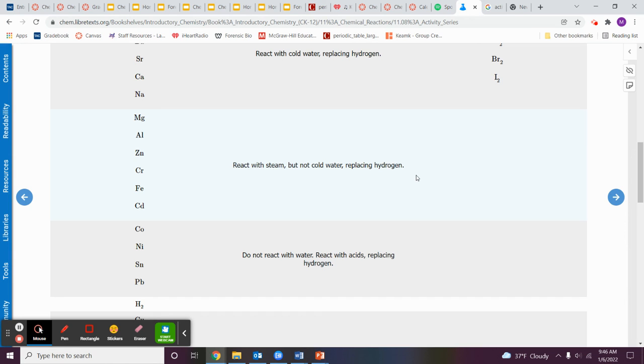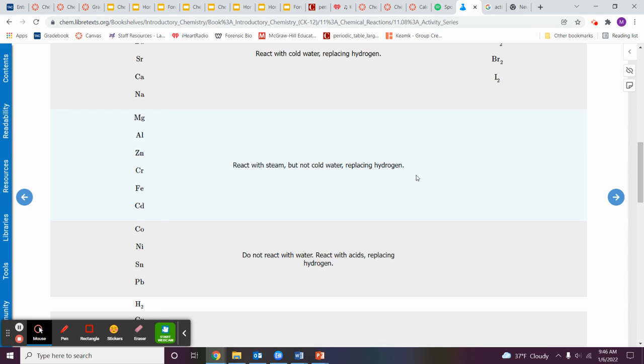Here's what I'm going to recommend. And again, this is where you'll pick up little tips and tricks for balancing. I know that I am probably going to have to put something here because there's only one hydrogen here. So no matter how many I put here, plus one more is going to make it odd. So I know I'm going to have to put something here just to make this even.